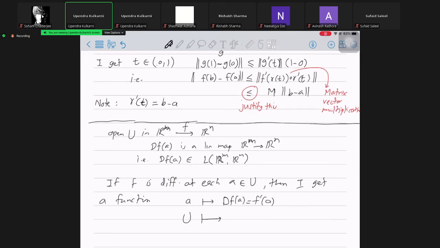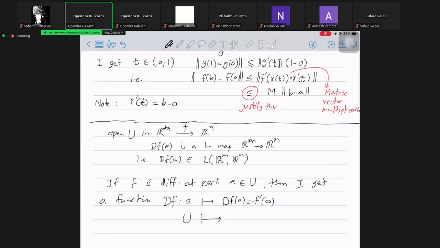Every element, see what comes out as the output of this is a function, right? Remember the derivative at A is a map from Rm to Rn. But if I let A vary, then for every A, I am getting a map. So this map df is a map from where to where?